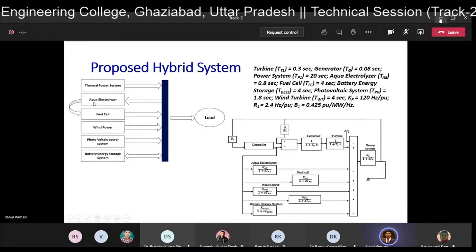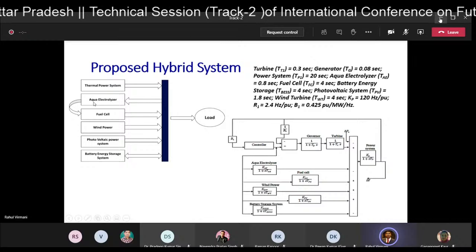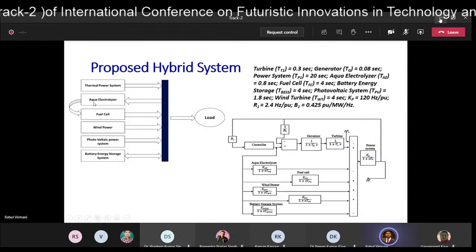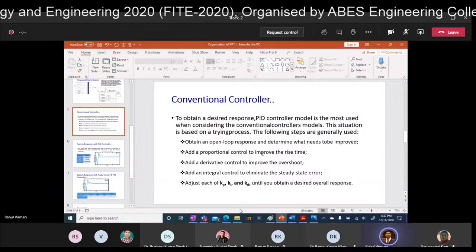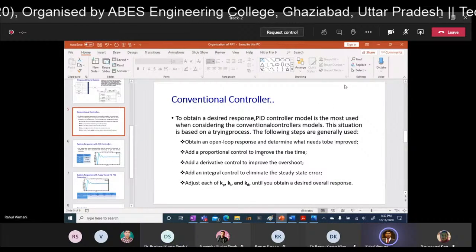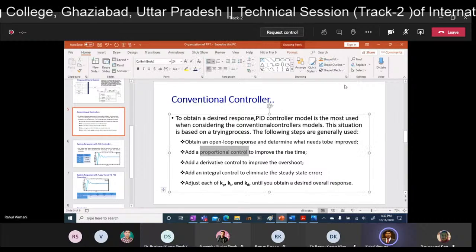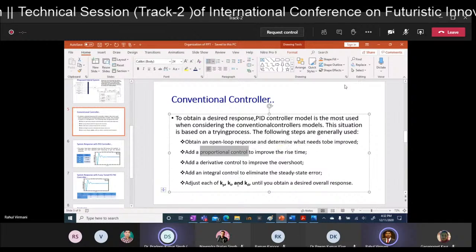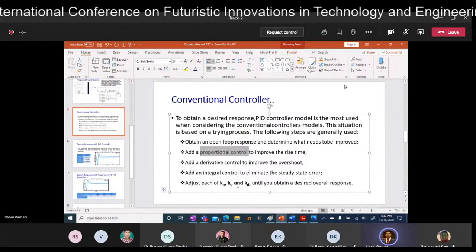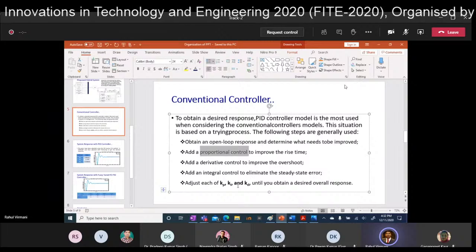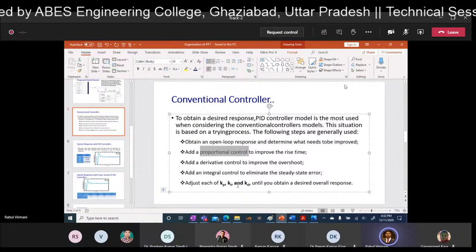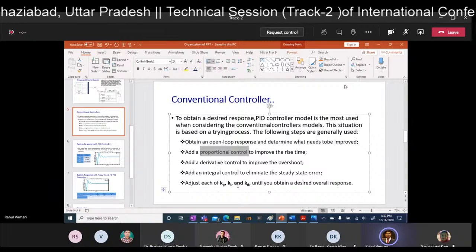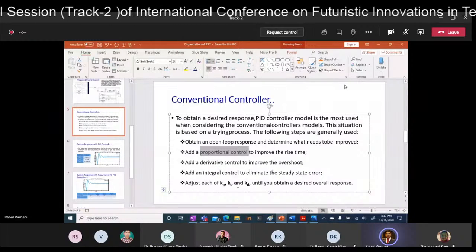Sir, I have already told this about the PID controller when the error is there. Now, if there is a response which has a very high rise time, and you want to steepen the rise time, you will add a KP. That's a proportional controller. It's basically a gain if you talk in terms of an electronic circuit. Now, if you want to improve the overshoot, sometimes you need to settle your response at say zero in my case, but it is having an overshoot.